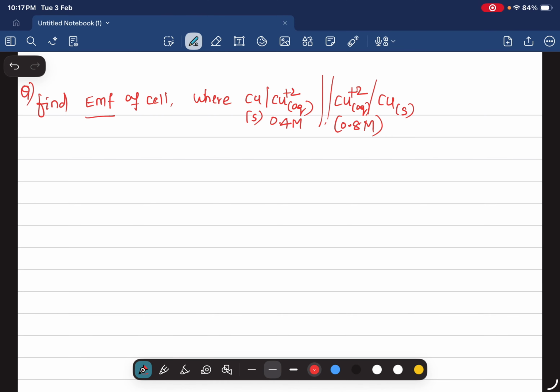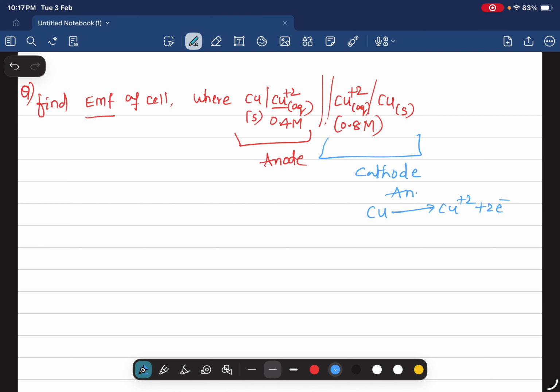Let's start problems on concentration cells. Find the EMF of the cell where Cu is converted into Cu2+ at the anode, and the reverse reaction at the cathode. At the anode, Cu becomes Cu2+ with 2 electrons.